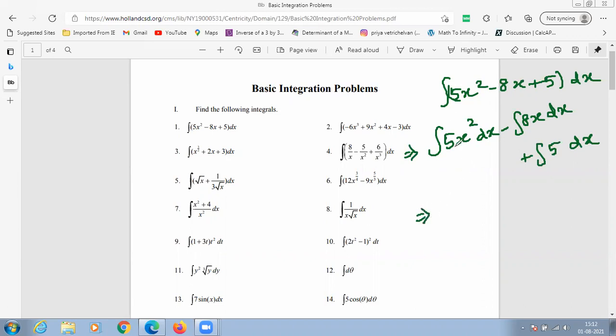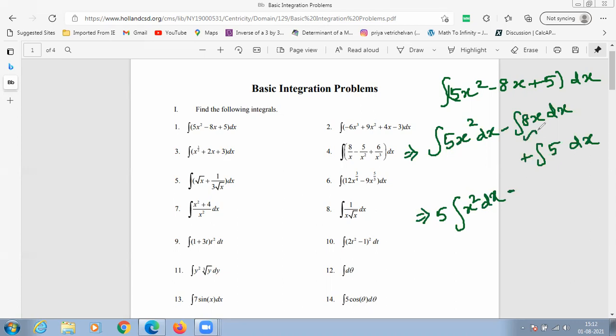So now I'm going to integrate this. I hope you are aware of this already. Integration of 5x square: you will be taking the 5 outside because 5 is common. In case the constant is in multiplication or division with the variable, you can take that out. So you will be integrating the variable alone.